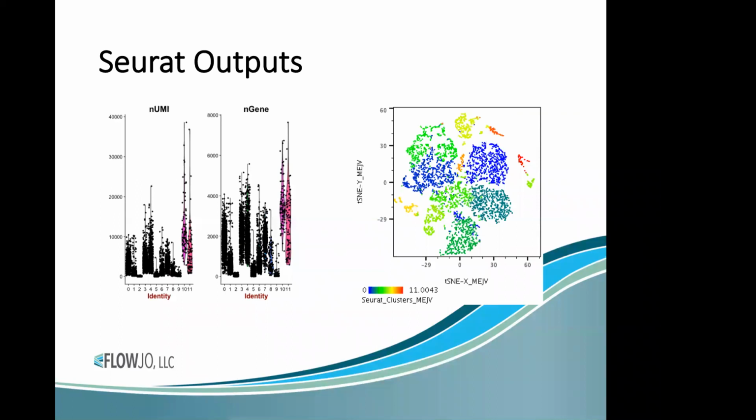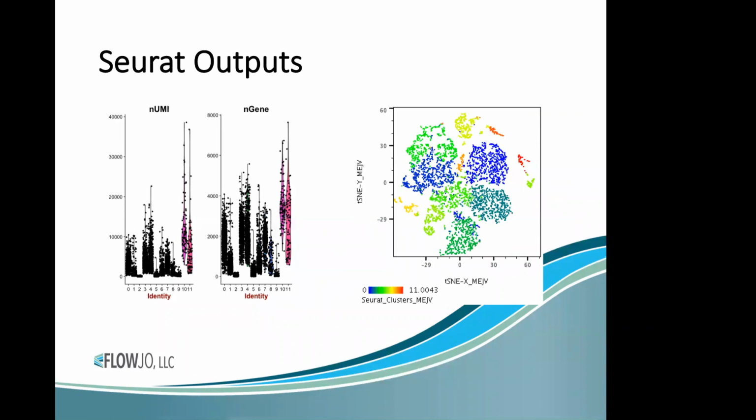So here we're showing the outputs from Seurat that are, I guess, most graphically pleasing. In the plots on the left, we see gene coverage per cluster that's been identified. And in the plot on the right, we see t-SNE dimensionality reduction parameters that were developed by the Seurat pipeline, as well as the clusters produced by graph-based clustering using a k-nearest neighbors algorithm.